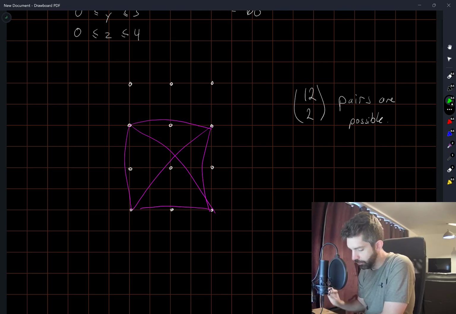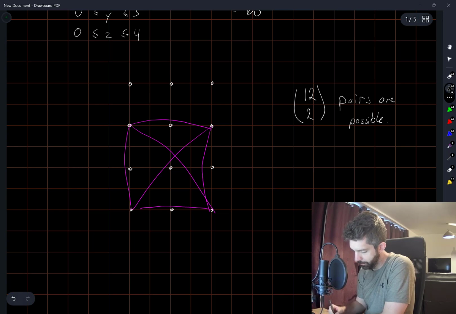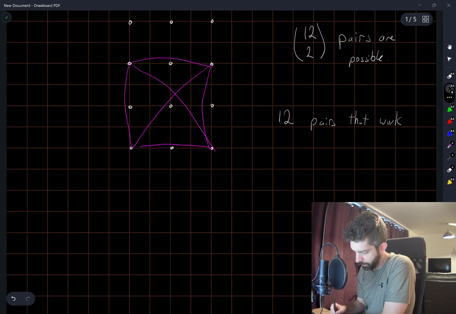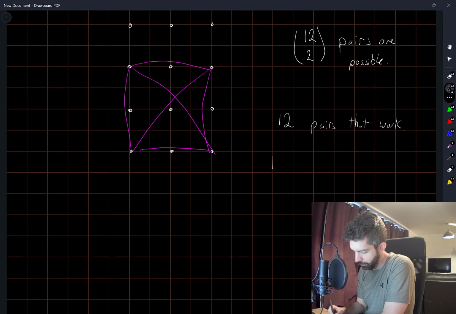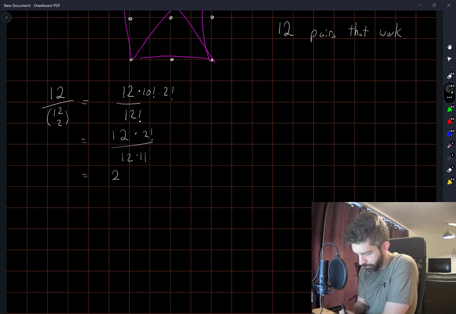I mean, I know I'm not drawing line segments, but I'm drawing the pairs of points which would satisfy this property. And then we have the same thing if we take that entire grouping and move it up. So there are 12 pairs that work. So in 2 dimensions, the answer is 12 divided by 12 choose 2. So this is 2 out of 11.